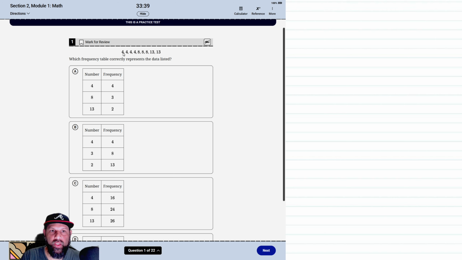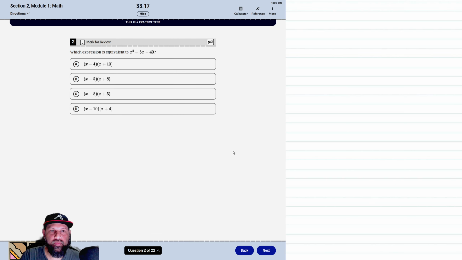The number 4 occurs 4 times, so 4 has a frequency of 4. The number 8 occurs 3 times, so 8 has a frequency of 3, and 13 has a frequency of 2. Right off the bat, our first option is the correct one, so we'll select that one.